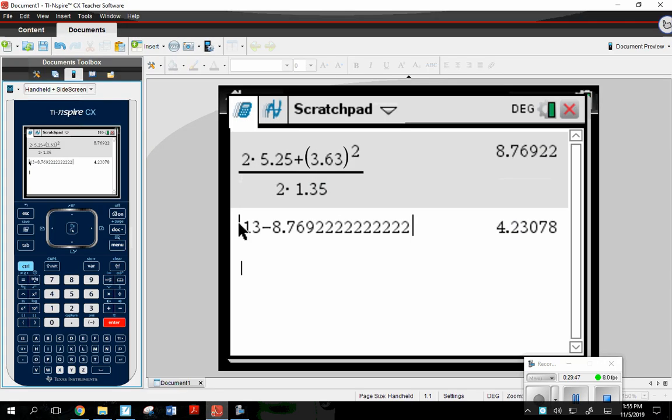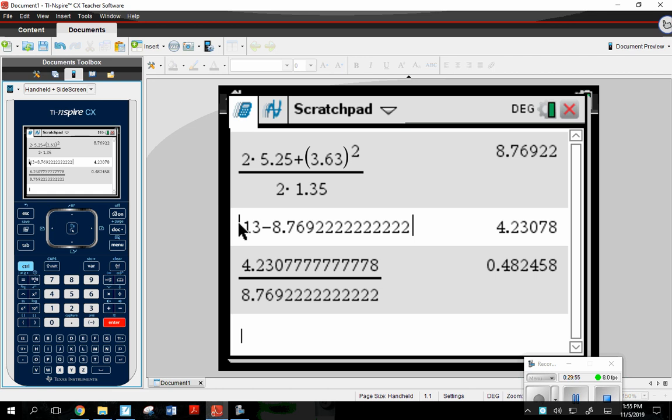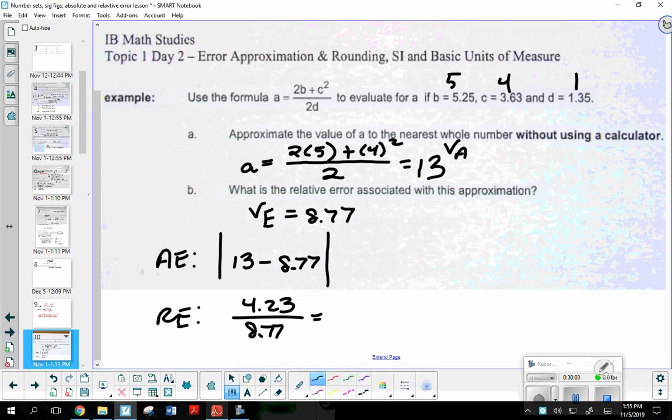So I'm going to take that and divide it by that exact value. I'm getting like 0.482. And there you go. That would be the relative error.